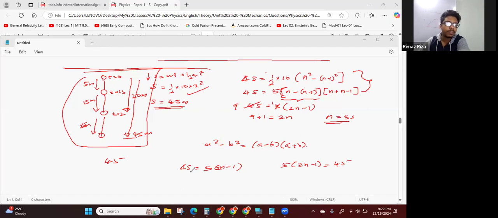And the distance traveled within a second, like it can be the 10th second or 9th second, is given by this formula: Delta S equals 5 times (2n minus 1). So then you can say that this delta S is equal to 4. Did I answer your question?